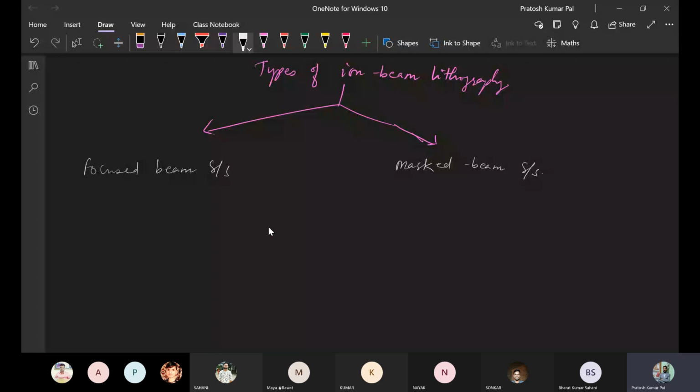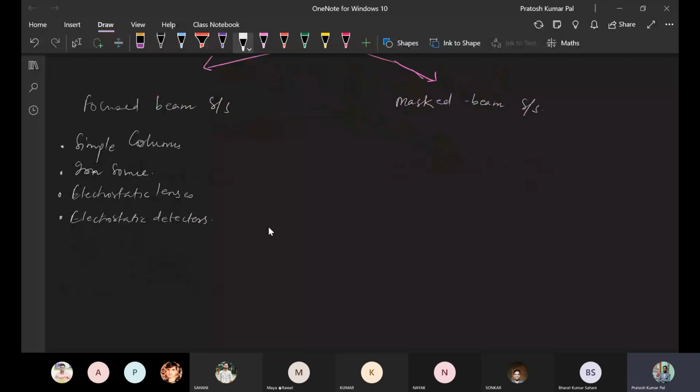So basically here electrostatic lenses are used, and also electrostatic detectors are used. We are not going into the complete setup structure of this focused beam system. We are just overviewing this type.